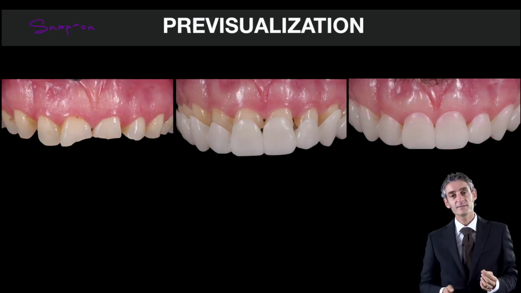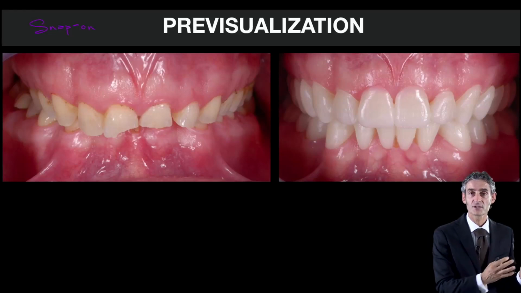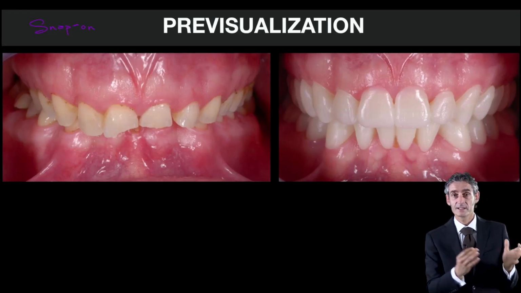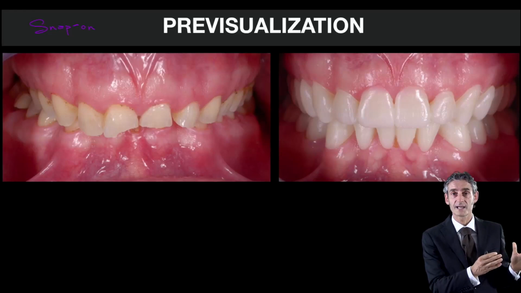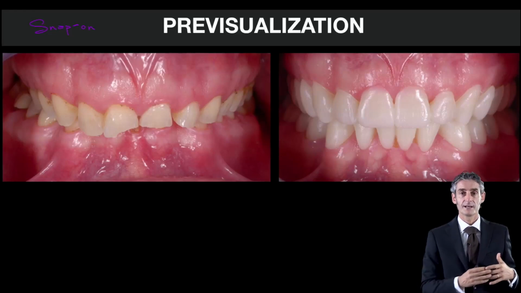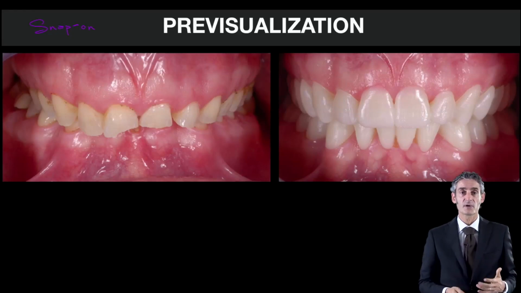And after fixing, we can understand immediately if we are in the right direction. And it's easy for us later on to transform, for example, this kind of snap-on mock-up into a provisional restoration. And we can use it as a splint to test the new vertical dimension, for example.